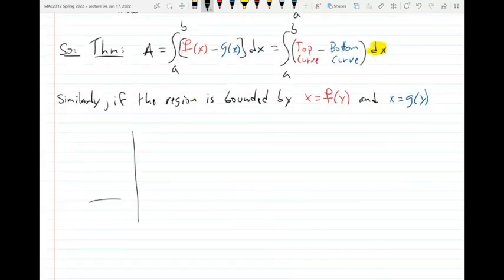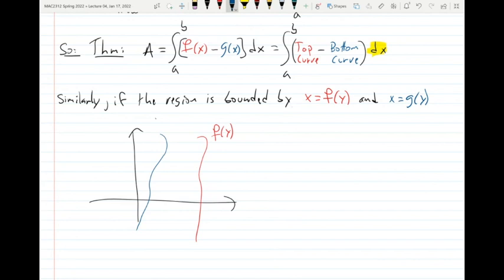So think of, let me just give you some sort of picture. Let's say here you have your f of y, and here you have your g of y. Now this time here is c, here is d. You want to find this area.